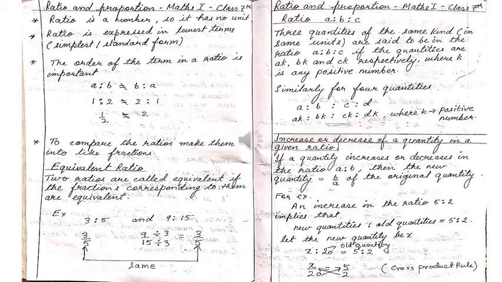But B is to A, if we change the order, then 2 is to 1, which means 2 upon 1, which means 2. Now half is equal to 2? No. So with this, it will be clear that the order of the terms in a ratio is very important. We cannot assume that A is to B is equal to B is to A.